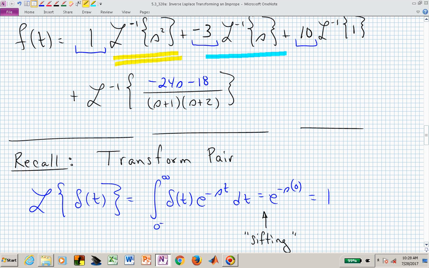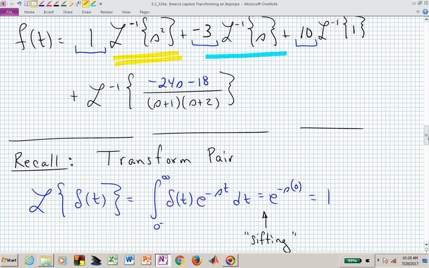Remember, the Laplace transform of the impulse just sifts out what the argument of the integrand would be when that impulse acts, or in this case when it's on, which is at t equals 0. We evaluate the argument e to the minus st at t equal to 0, which gives us e to the 0 or 1.